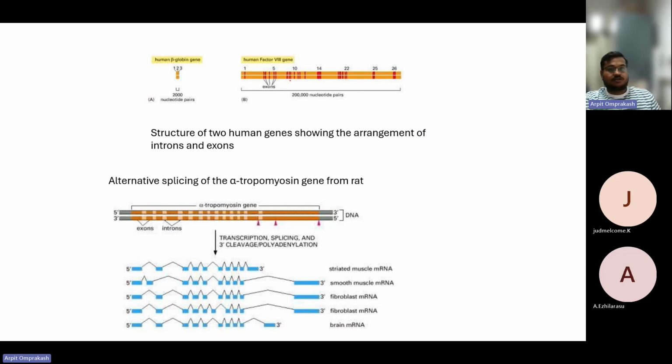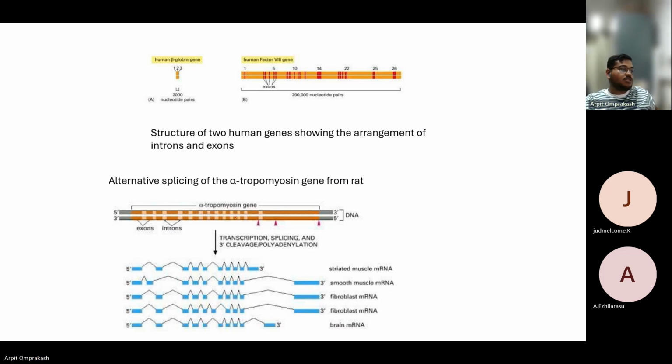After mRNA is transcribed in a eukaryotic cell, it has to get spliced. The introns need to be removed before it can form a proper messenger RNA, which can give rise to a protein.